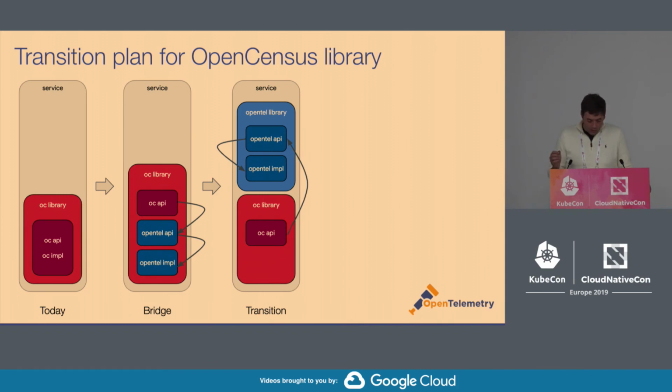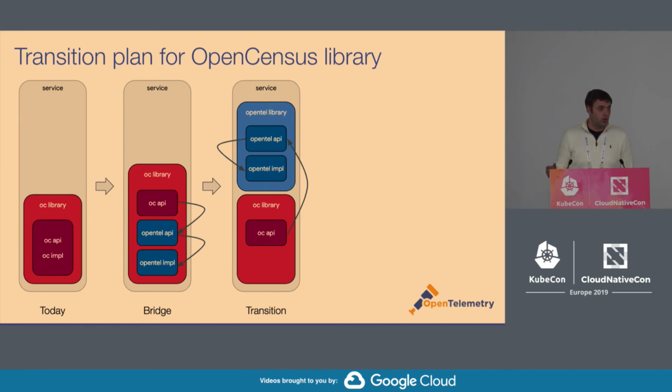We are very careful with this step, and we literally want to avoid having our users do a big PR and change everything in one PR, because that's almost impossible. So we will ensure that you can have a binary that works with OpenTracing, OpenCensus, and OpenTelemetry at the same time.